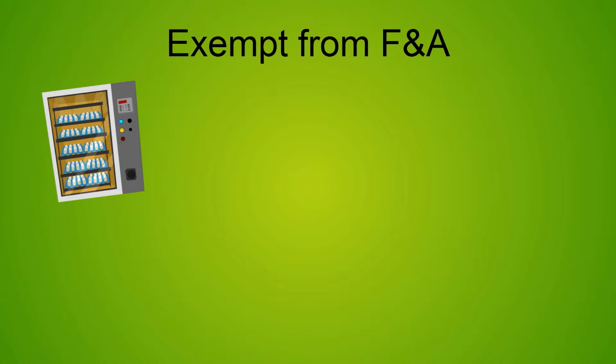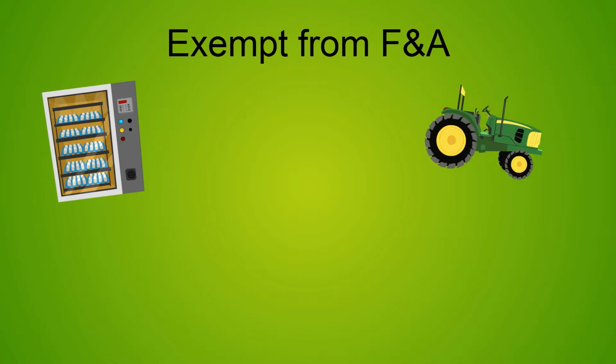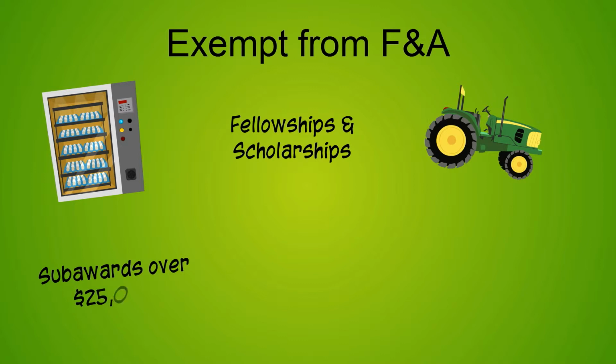Some budget items exempt from F&A charges are equipment, which is defined as an item costing more than $5,000 and has a useful life of more than 1 year. Participant support costs, which would also include fellowships and scholarships. Subawards in excess of the first $25,000.